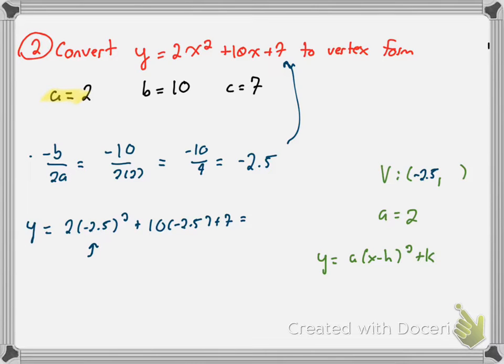If you do all that correctly, you should get negative 5.5 as your result. So from here, all I'm going to have to do is plug this into my equation. y = 2(x - (-2.5))² - 5.5. The x minus negative 2.5 changes to positive 2.5, so y = 2(x + 2.5)² - 5.5, and I'm done.